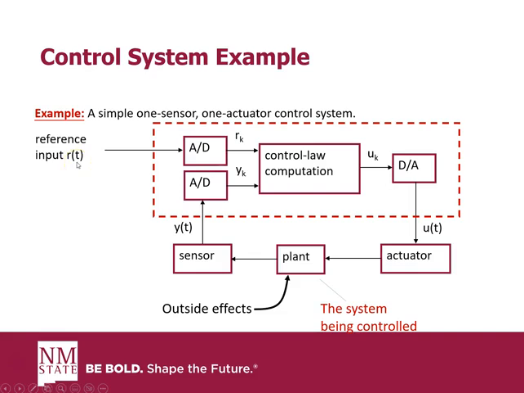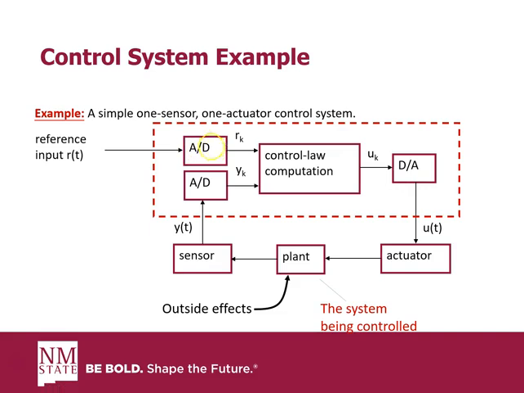This is the desired value or set point, like the temperature you want your thermostat to maintain. It's an analog signal. This signal is converted to a digital value rk by the AD converter, which stands for analog to digital.